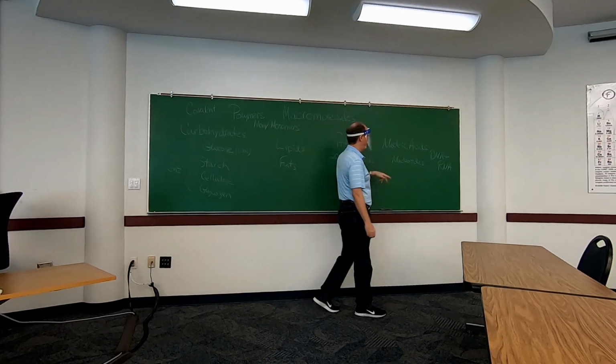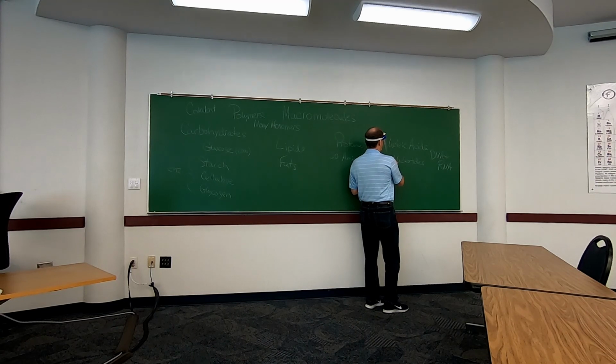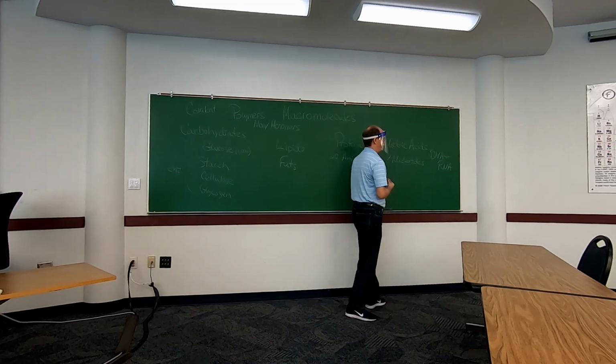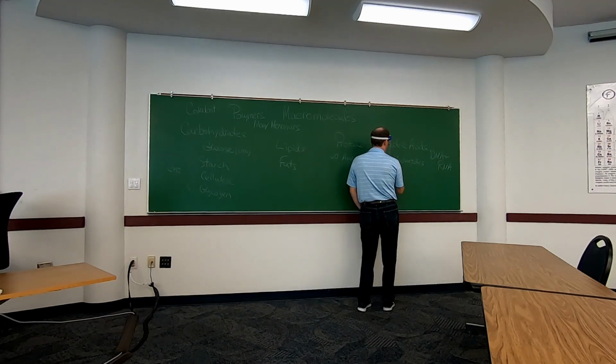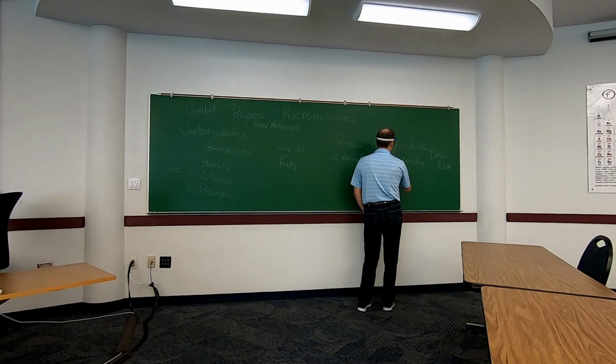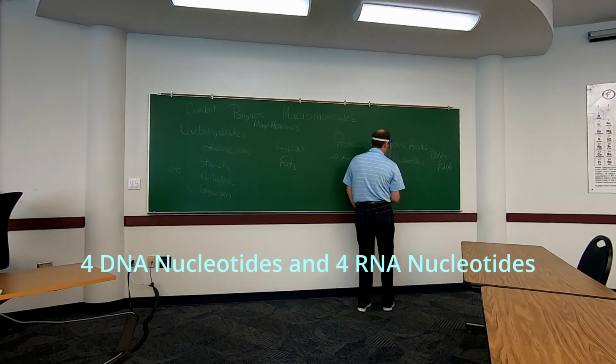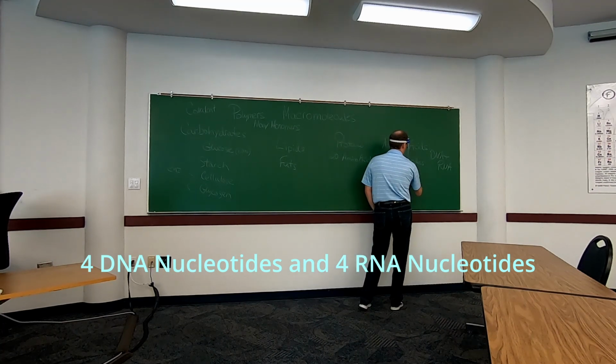There are 8 nucleotides, really. You have 4 that make DNA, 4 that make RNA. So if you want to make DNA, you use the nucleotide triphosphates with a little d in front of it. If you want to make RNA, you just use the nucleotide triphosphates.